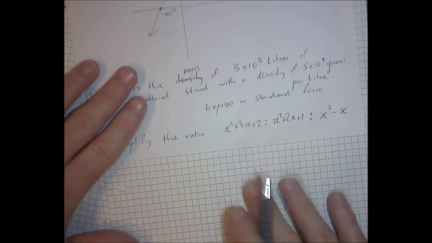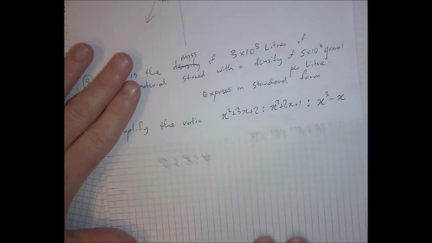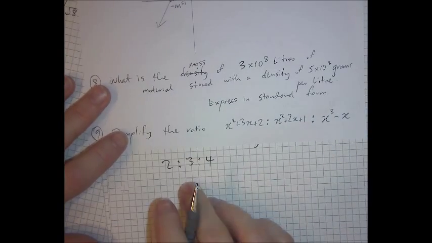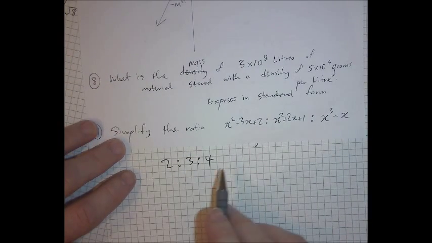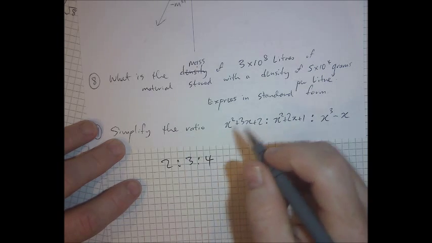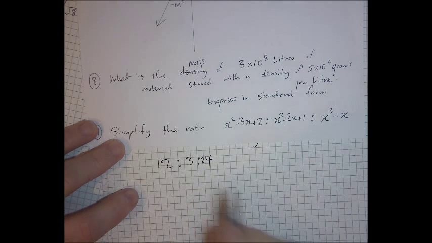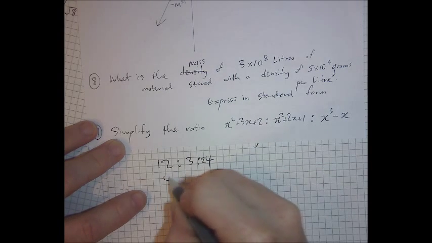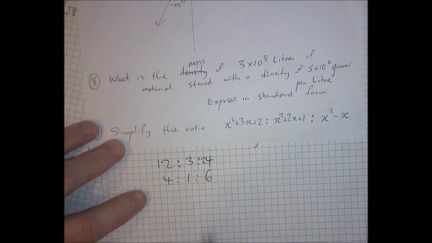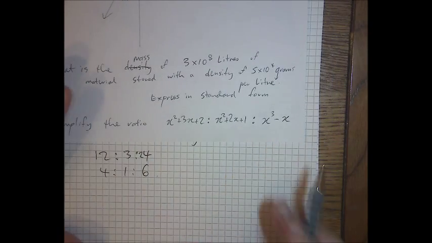Ratio, well, normally when I simplify a ratio, I search for common factors. There aren't any here. In this question there are, you divide everything by 3. So if you search for common factors on this simple problem, then let's search for common factors on that problem.